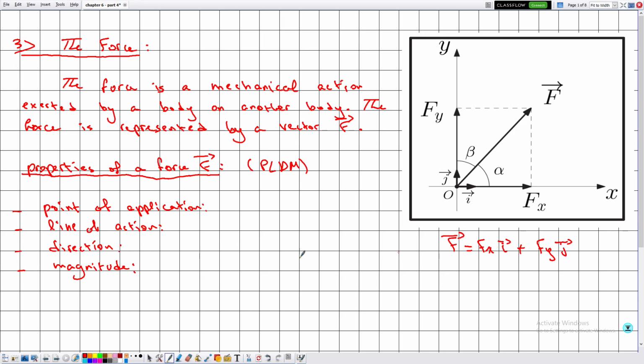So we are interested in the point of application, line of action, and the direction and the magnitude of this force. So this is said to be the vector notation of a force.